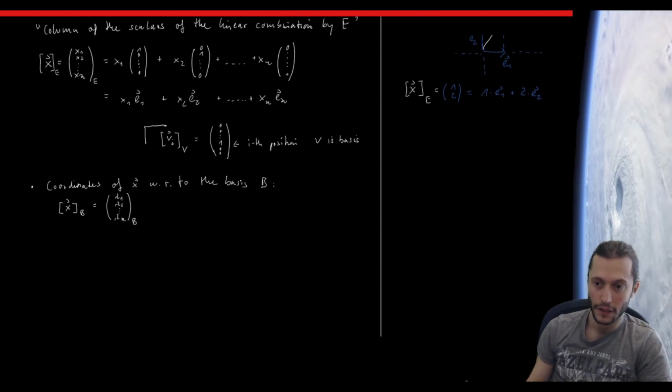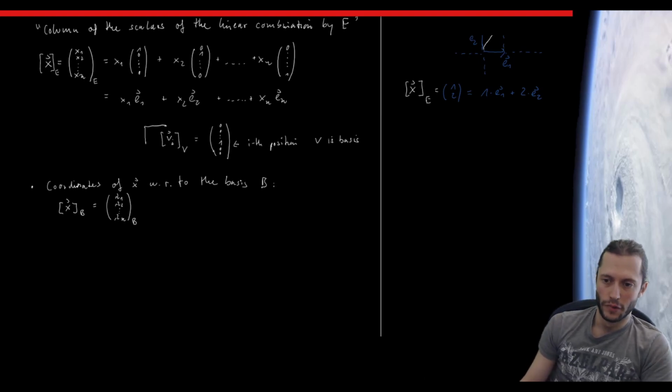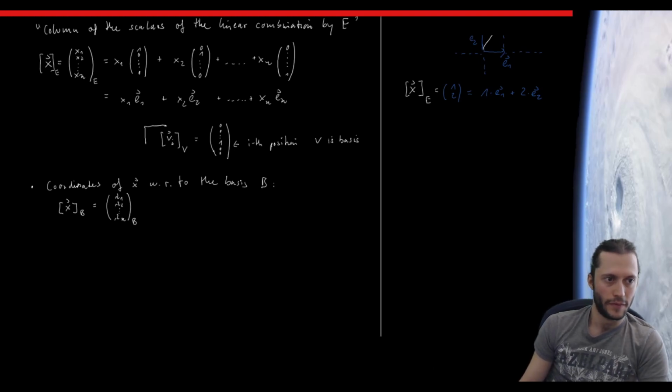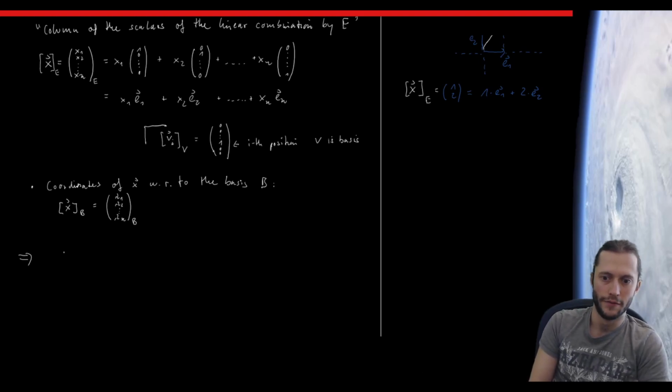Good. Now we should ask, how do we get these different coordinates of x with respect to a different basis? This would be the question. How to get the b coordinates of x when b itself is given in e coordinates?